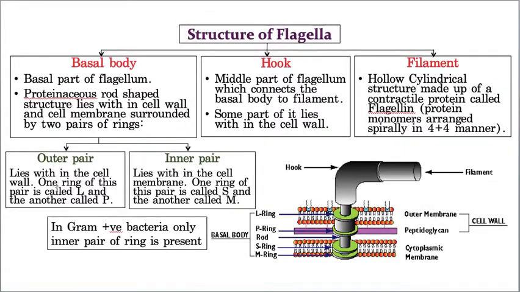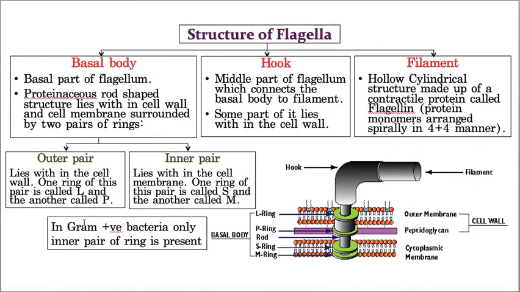In the outer pair, the first ring is called the L ring, and the second ring is called the P ring. In the inner pair, the outer ring is called the S ring, and the inner ring is called the M ring. So L ring and P ring are the outer pair, and S ring and M ring are the inner pair. With the help of these, the basal body is composed, so that the flagellum can tightly attach to the body of the prokaryotic cell.